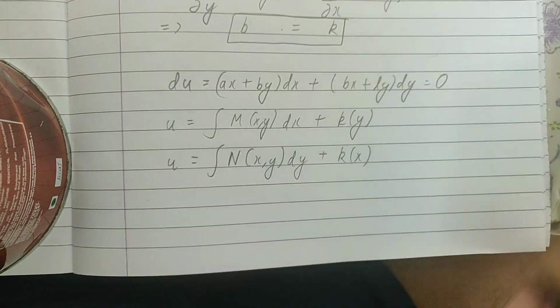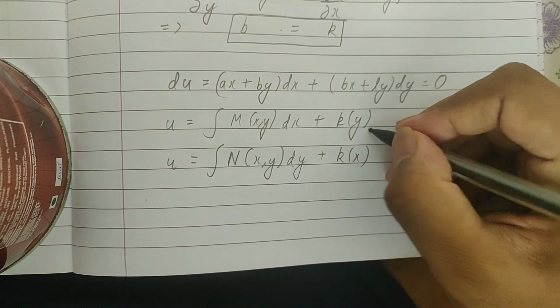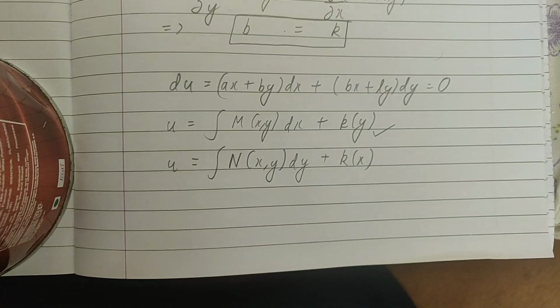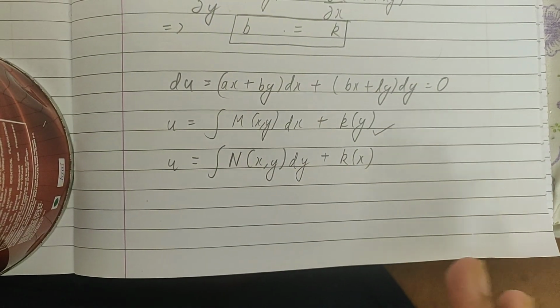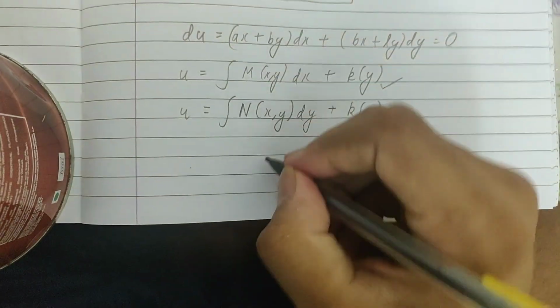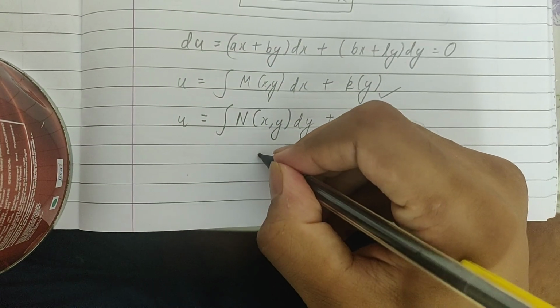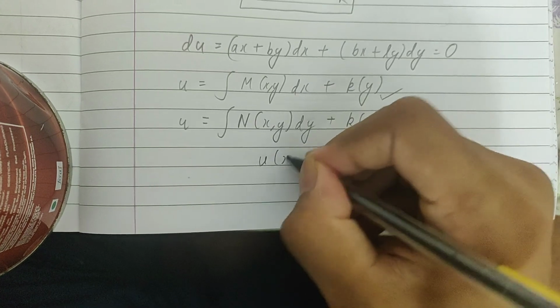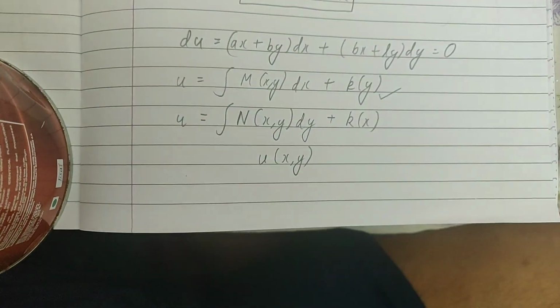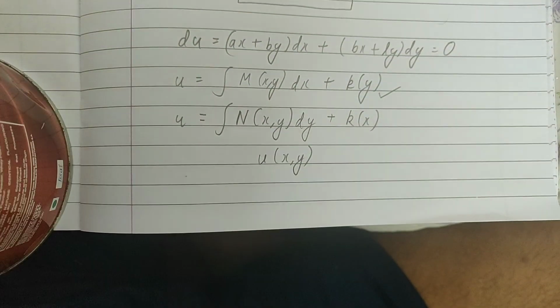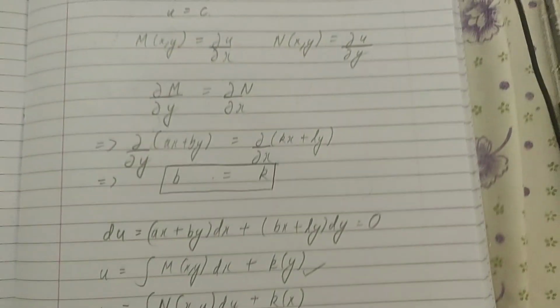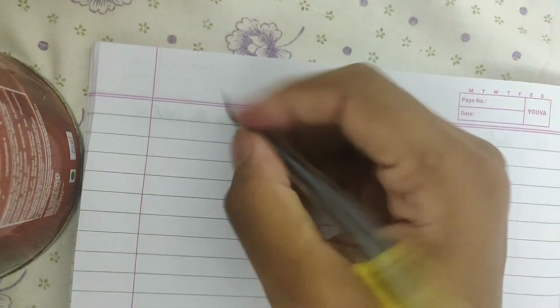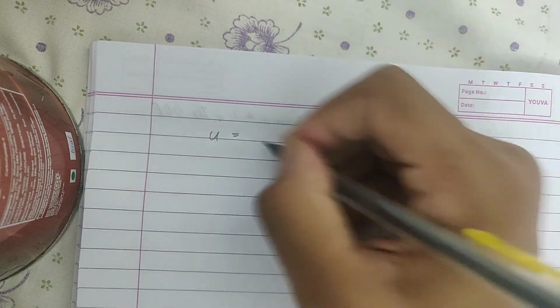I'll be going with the top formula, but both of them will give us the same result. Also, a key point: u is basically a function in terms of x and y. That should have been pretty clear, but I just had to say it out.